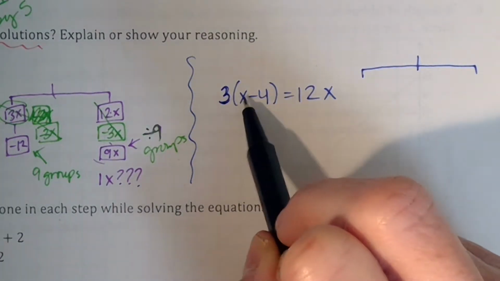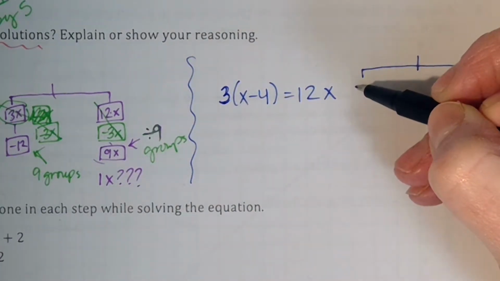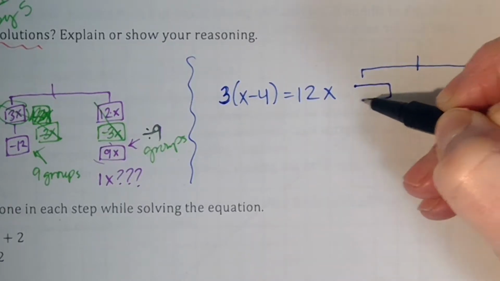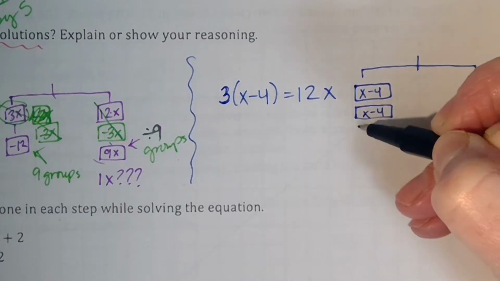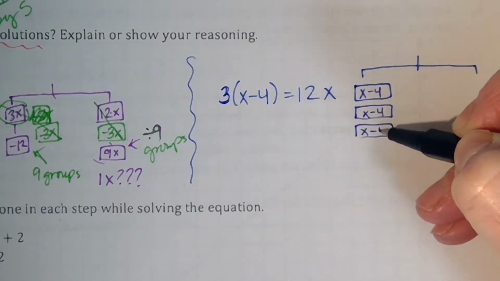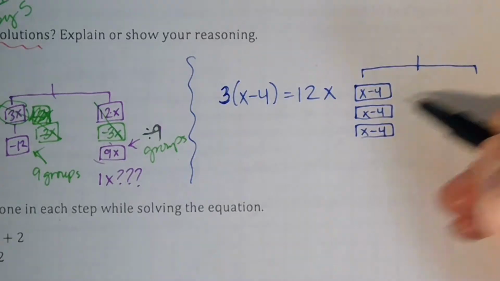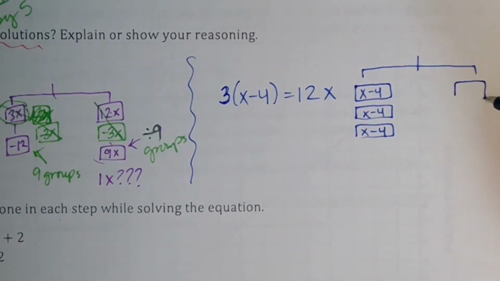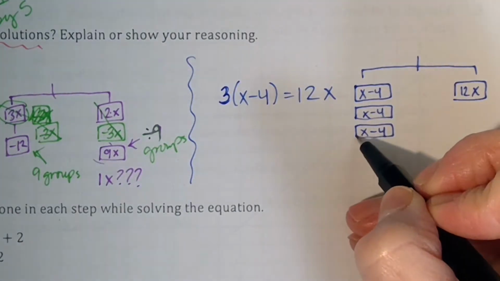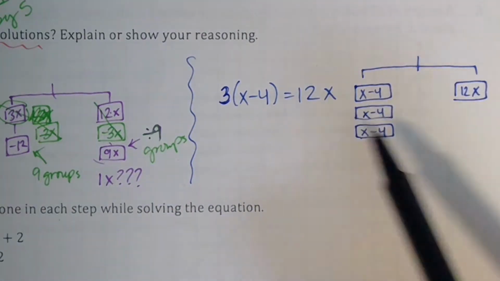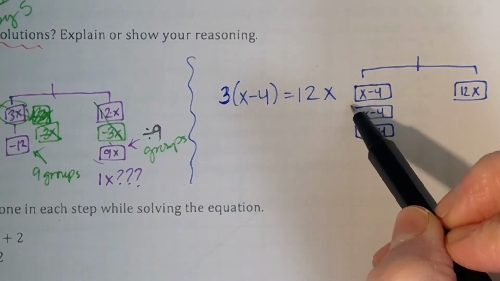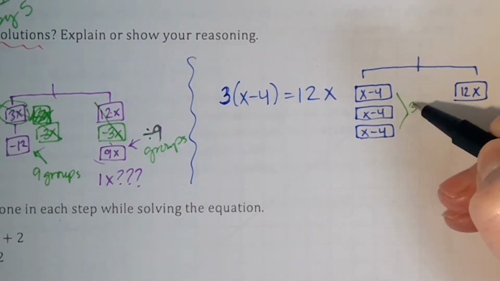this means I have 3 groups of x minus 4 on the left. And on the right, I've got 12 x's. So if you don't want to simplify from the beginning, maybe you look at this and say, well, I can break this into 3 groups.